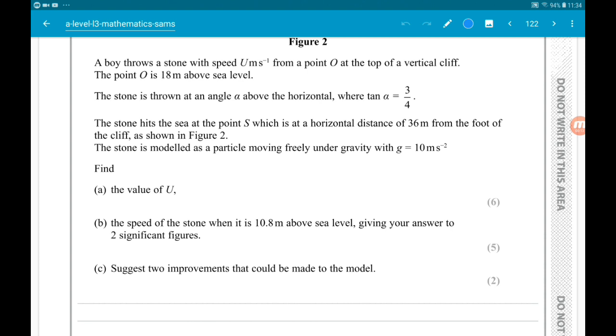Okay, so again, this speed is going to have a horizontal component and a vertical component. We can find the horizontal component straight away. We now know the value of u, and there were no resistant forces horizontally, so it's going to stay the same.